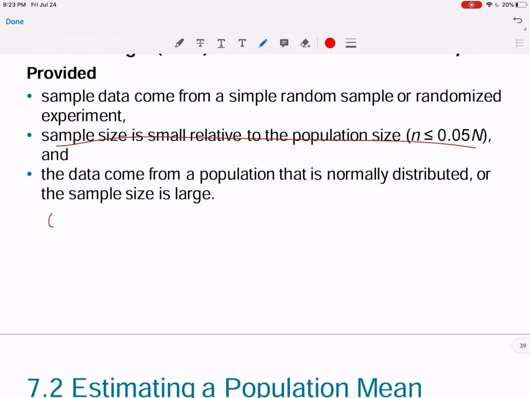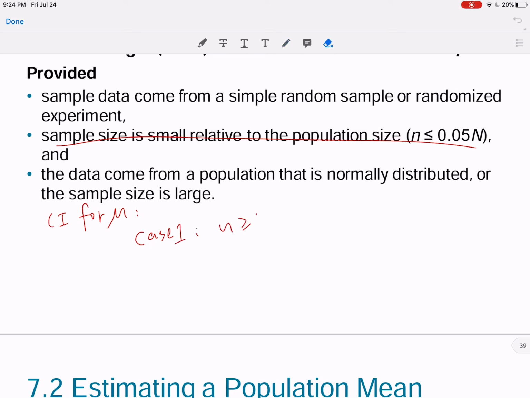So if we want to construct a confidence interval for the population mean mu, we have two different cases to consider. For case 1, n is greater than 40.